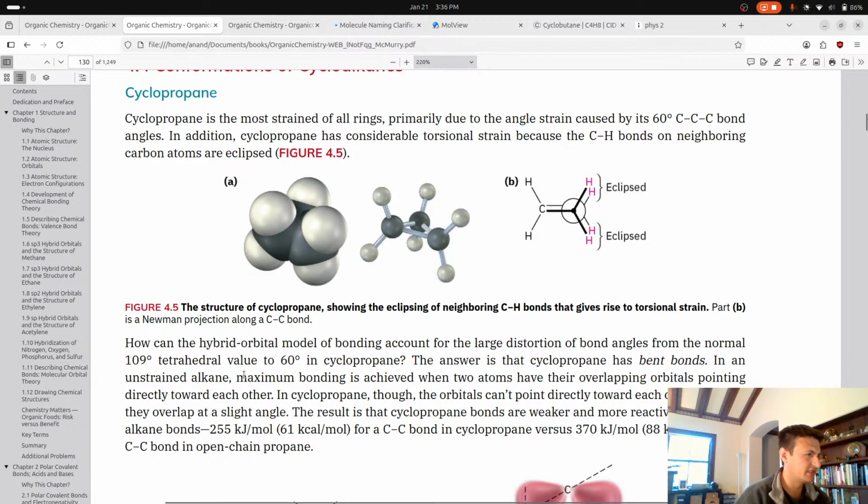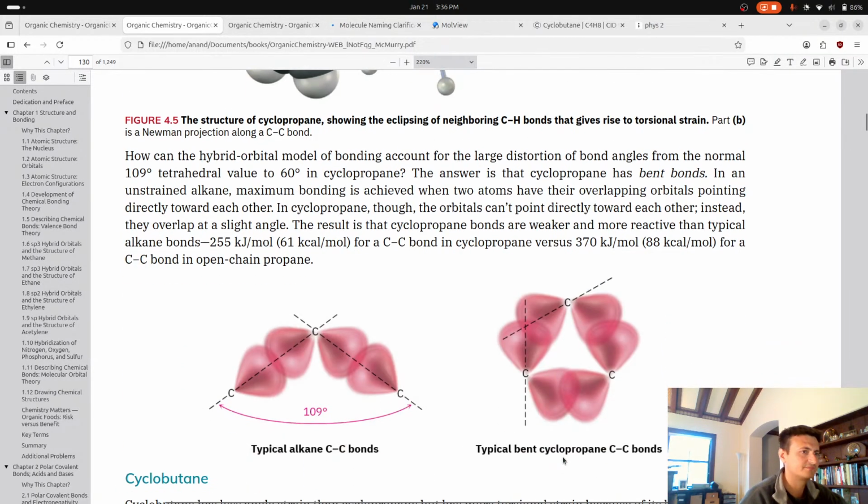In an unstrained alkane, maximum bonding is achieved when two atoms have their overlapping orbitals pointing directly toward each other. In cyclopropane, though, the orbitals can't point directly toward each other. Instead, they overlap at a slight angle. The result is that cyclopropane bonds are weaker and more reactive than typical alkane bonds.